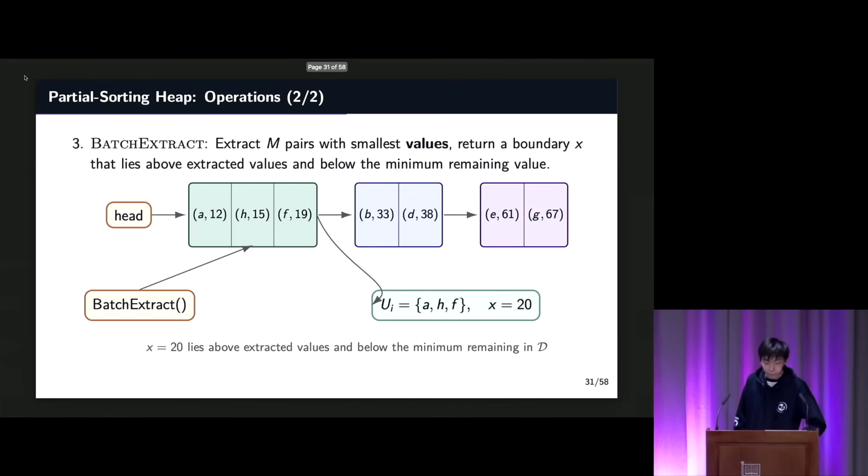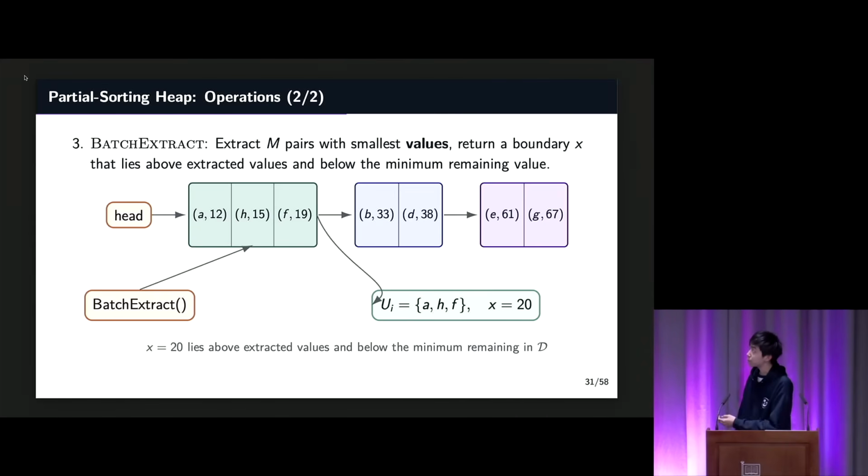Okay, so how about the batch extract operation? Well, this operation is used for retrieving the smallest up to M values present in the data structure, where M is the parameter we used for the block size previously. And it is really not that difficult. If we look at whatever is in the frontmost block, we basically have what we want to extract from the heap.